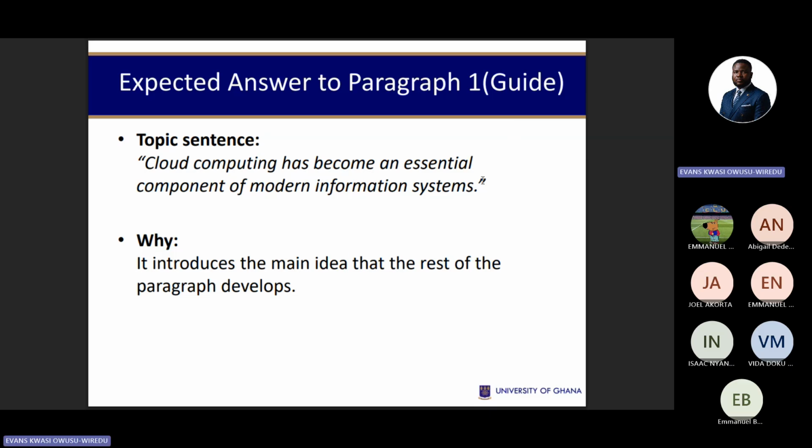And then the software that holds them, all related to cloud computing, right? How has it been an essential component of modern information systems? You get it now?